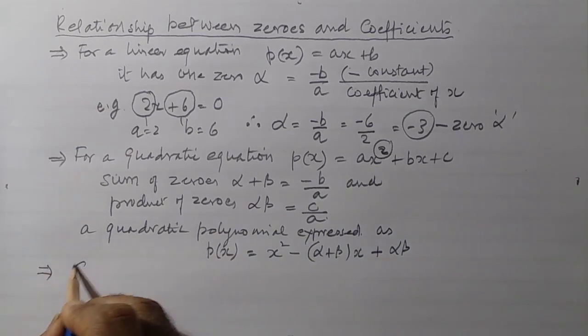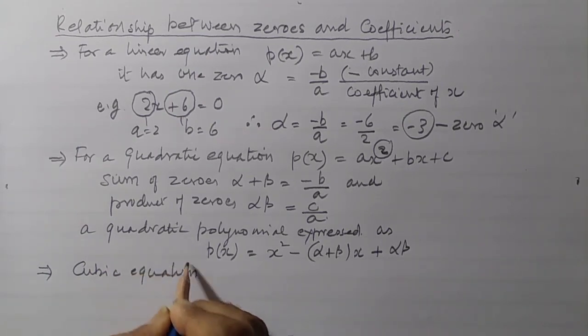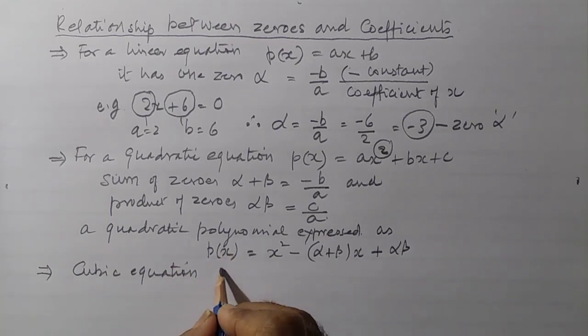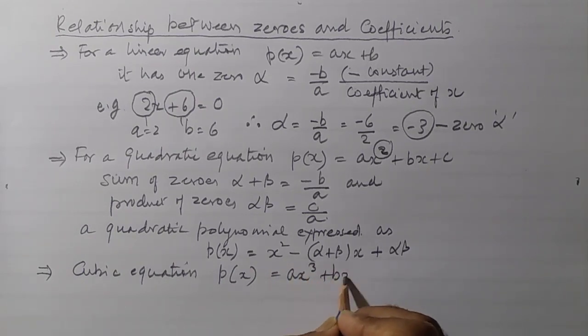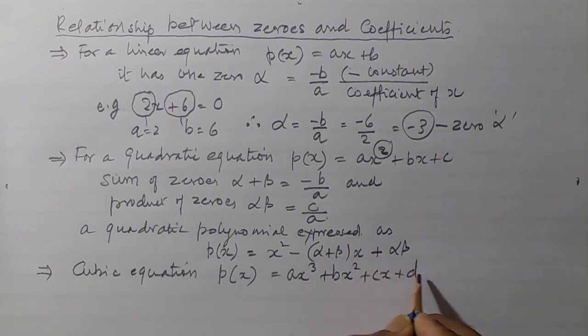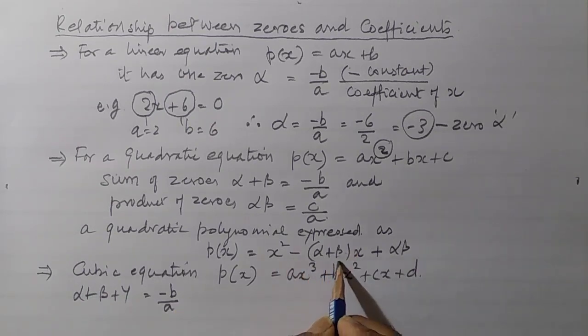Similarly, for a cubic polynomial, a cubic equation, standard form is p of x is equal to ax cubed plus bx squared plus cx plus d. Alpha plus beta plus gamma, because there are three zeros here, is equal to minus b upon a, the negative coefficient of x squared upon the coefficient of x cubed.